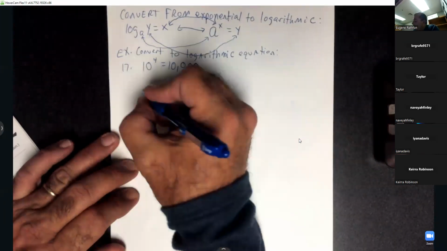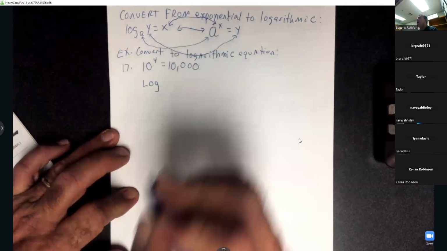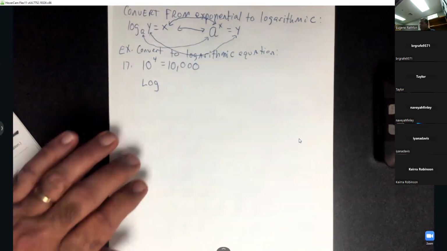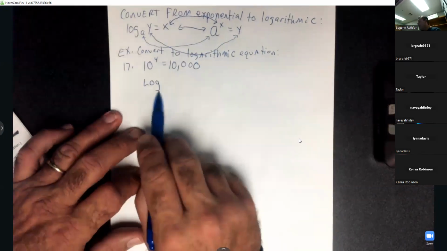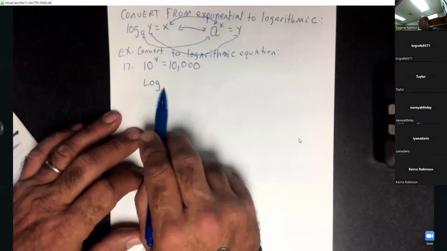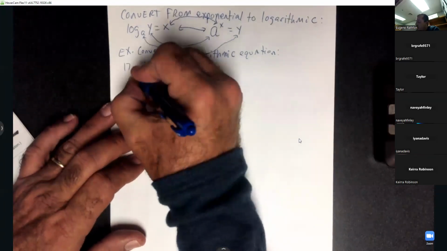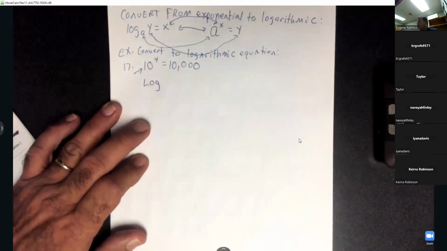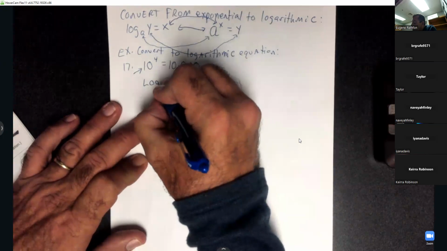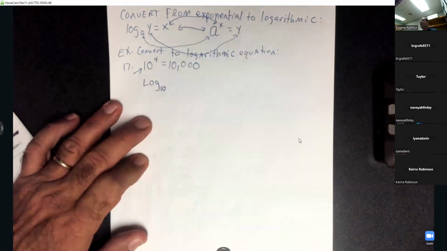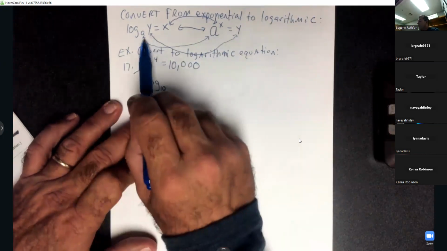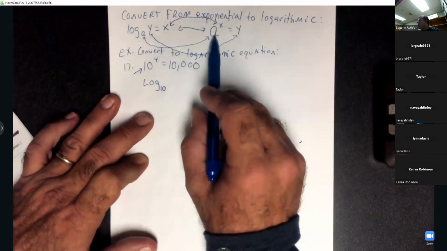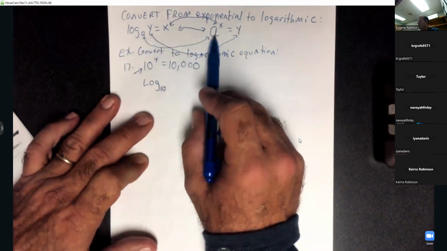So they want us to write this using a log. So the first thing you got to figure out, what's the base of this log? Well, the base of this log is the same as the base of that exponential. So this would be a log base 10. So notice the log base became the base of the exponential.